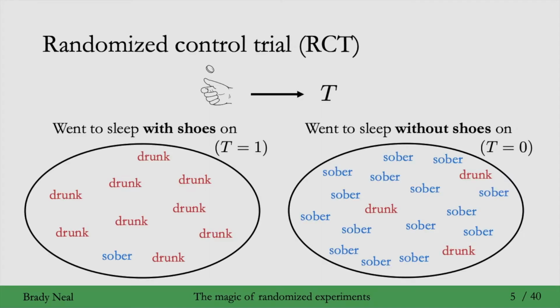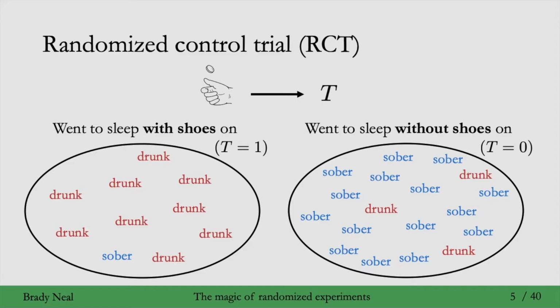Recall our example of people going to sleep with shoes on and waking up with headaches. So we want to measure the effect of going to sleep with shoes on waking up with a headache. And in this example, it turns out that a lot of the people who went to sleep with shoes on went to sleep drunk. And a lot of the people who went to sleep without shoes on went to sleep sober. So drinking the night before is a confounder in this example.